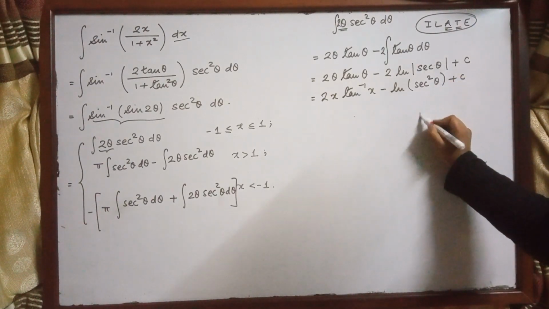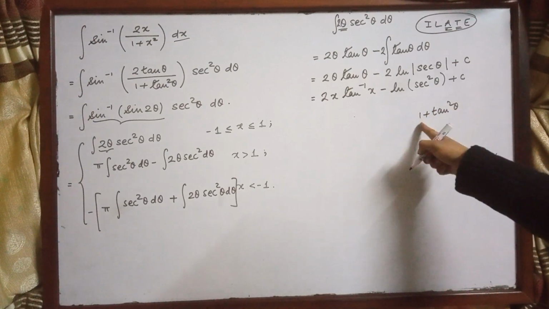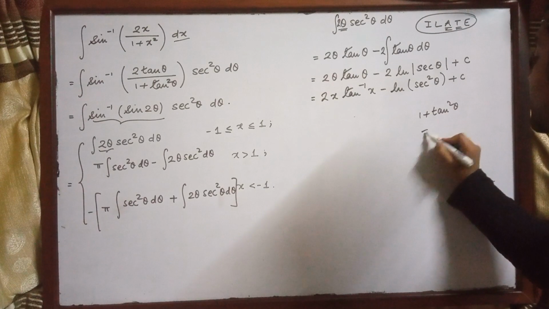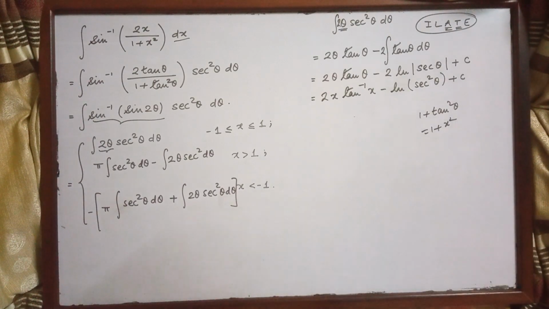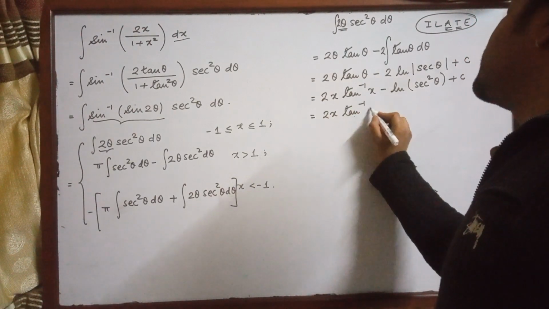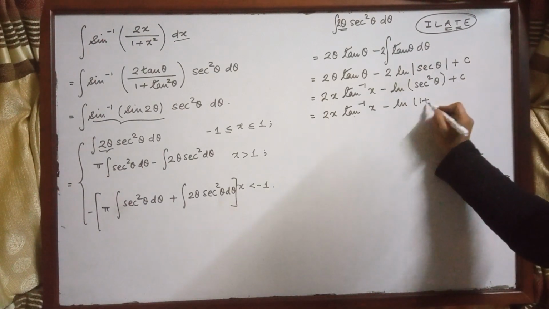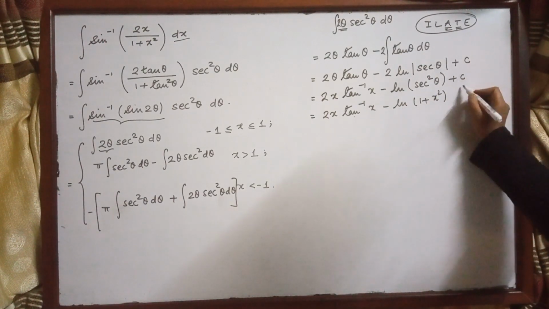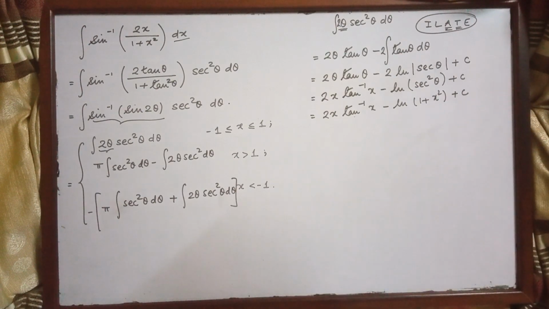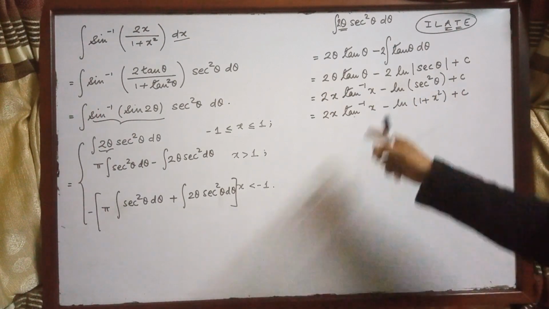Sec squared theta means 1 plus tan squared theta, which would simply mean 1 plus x squared. So this is equal to twice x tan inverse x minus log of 1 plus x squared plus c. That's how this thing works.